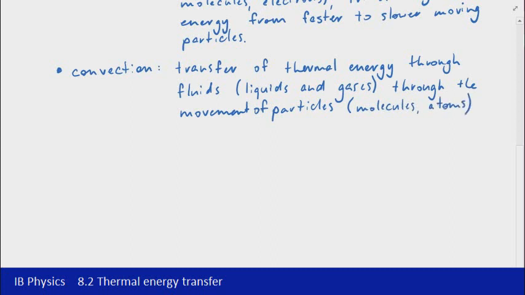And the reason why we get that movement of particles is due to a difference in density. And while that might not seem like it's got anything to do with internal energy or temperature, it's important to note that as temperature increases, density usually will decrease.